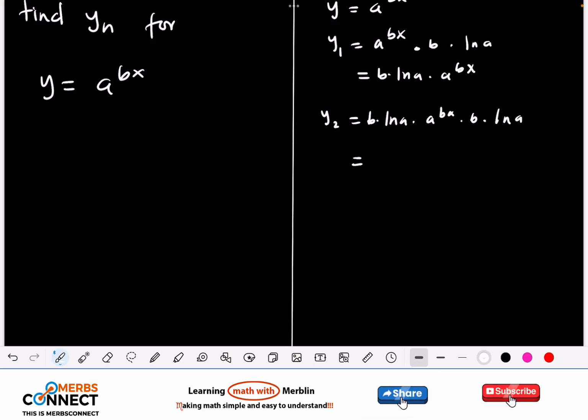This is going to give us b squared times ln a squared times a to the power bx.